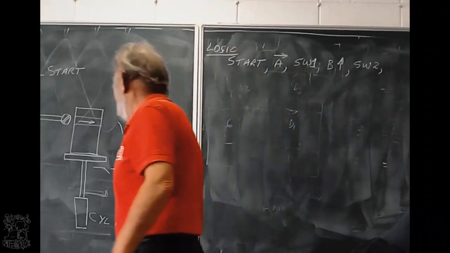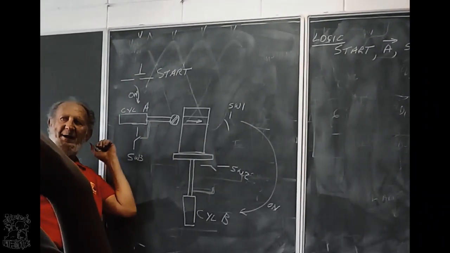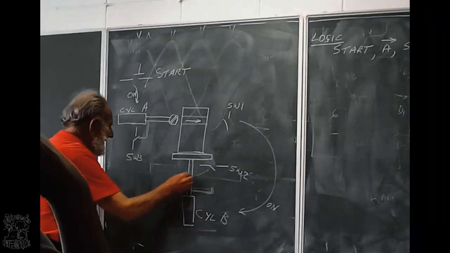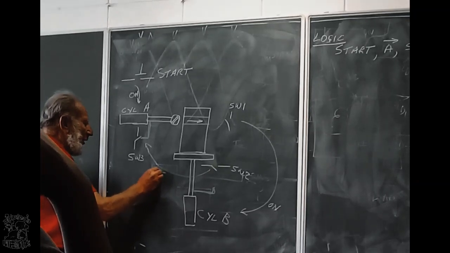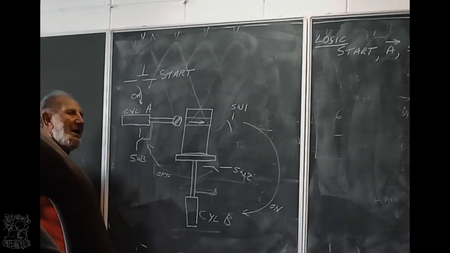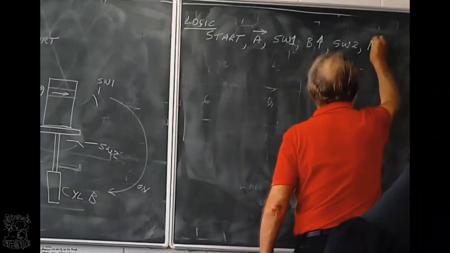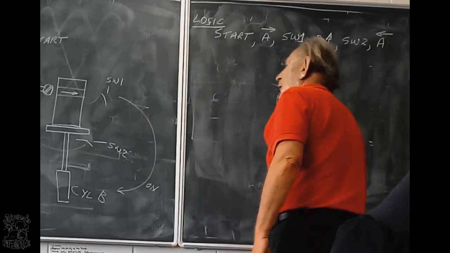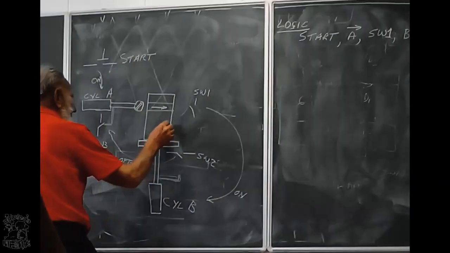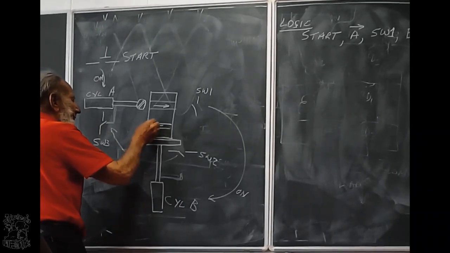What must happen if it touches switch 2? Oh, cylinder A must come back. So switch 2 will remove the power, put the power off cylinder A. So now cylinder A is coming back. Cylinder A is moving back. So while it is moving back, it's cutting that groove there.